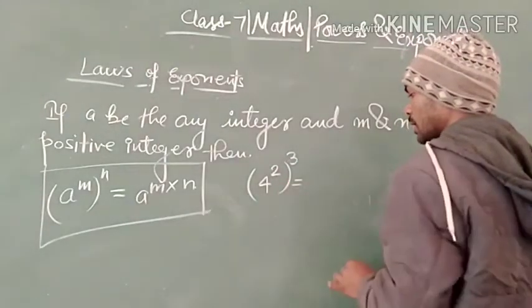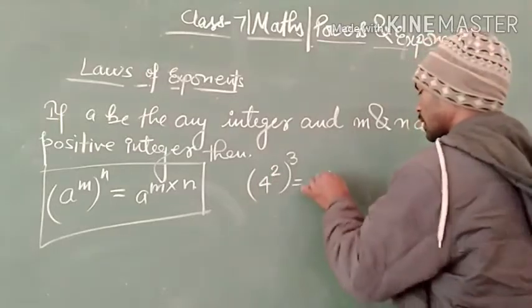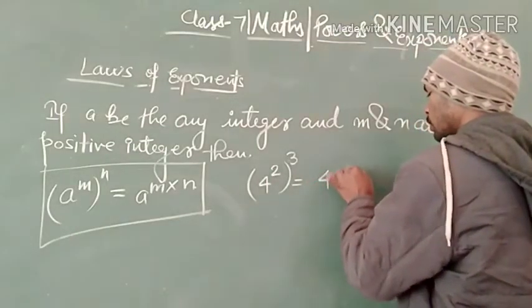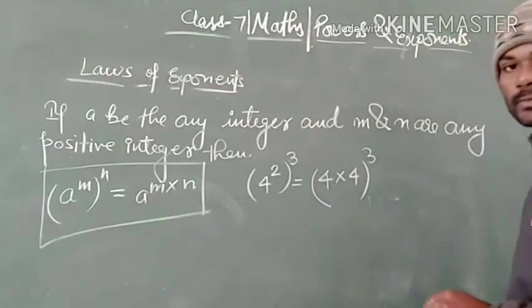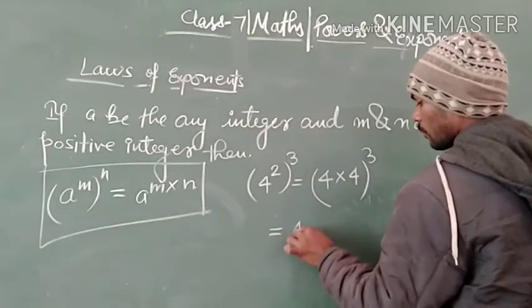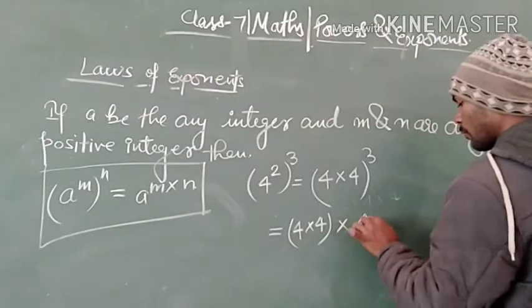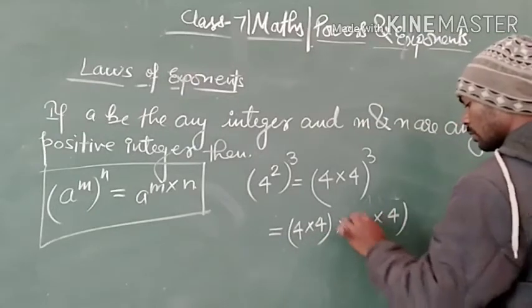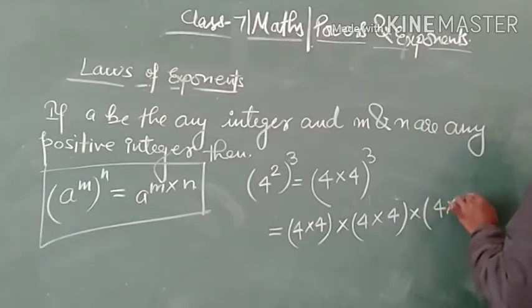So it can be written as, first of all, 4 square. So we shall write 4 into 4 and whole to the power 3. So it can be again written as 4 into 4 into 4 into 4 into 4 into 4.